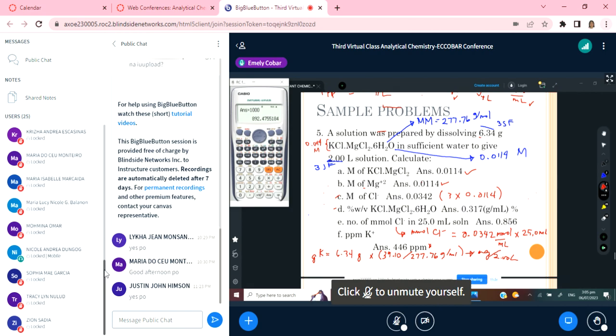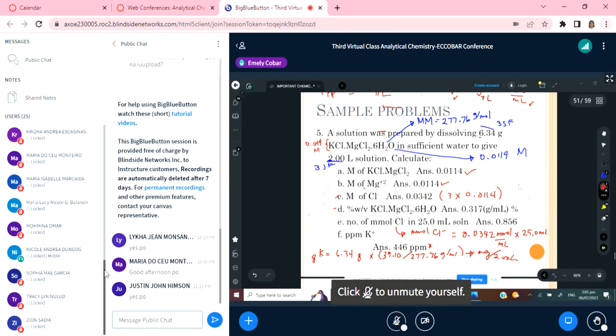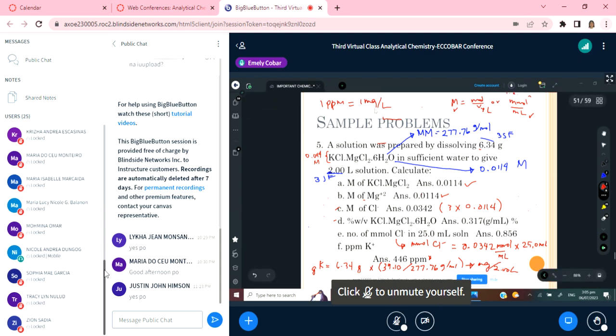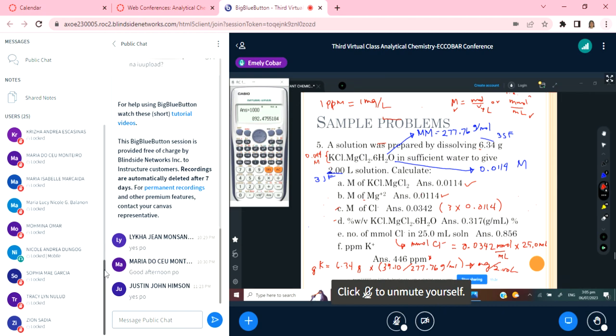Tama? Di ba ang ppm is milligram per liter? So sa calculator, meron na tayong milligram. 892 milligrams na.